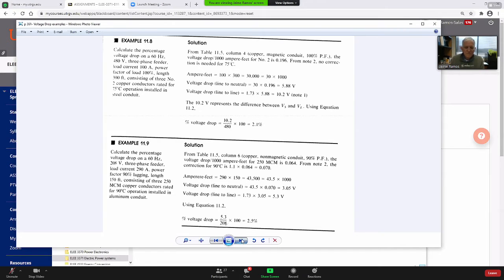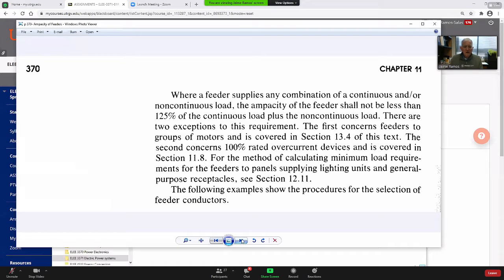Now, some caveats. Loads can be classified as continuous or non-continuous. If the load is classified as continuous, then we must increase the ampacity by 125%.